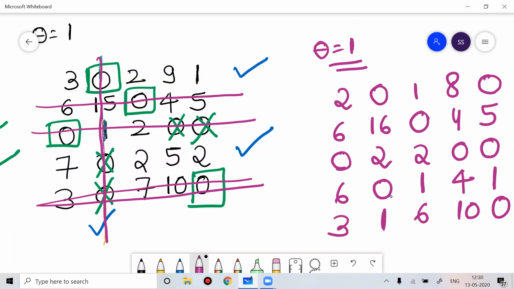This would be 3 1 7 10 0. Now do allocation on them.